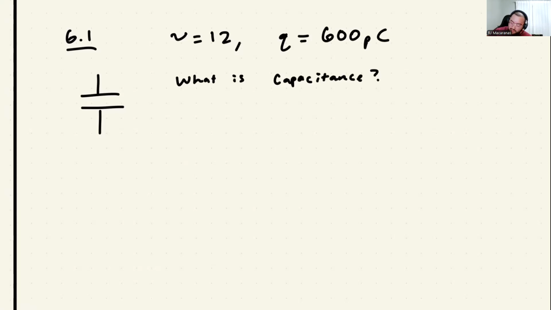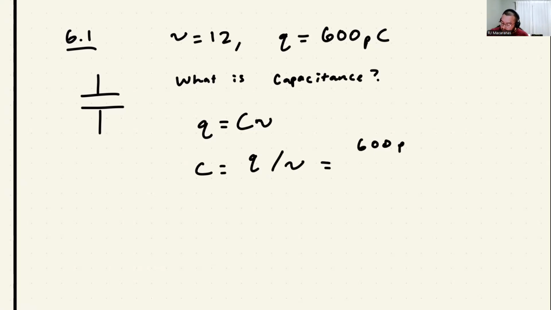So this is straight plug and chug, right? We know that the charge is given by CV, and so we can figure out that the capacitance is Q divided by V. So this is going to be 600 picocoulombs divided by 12 volts.